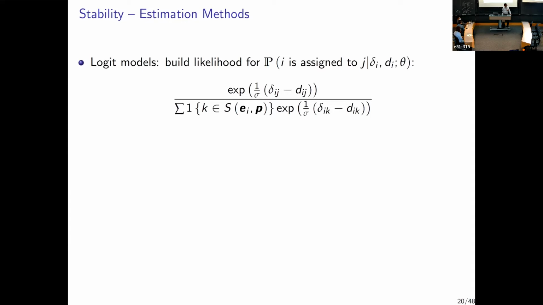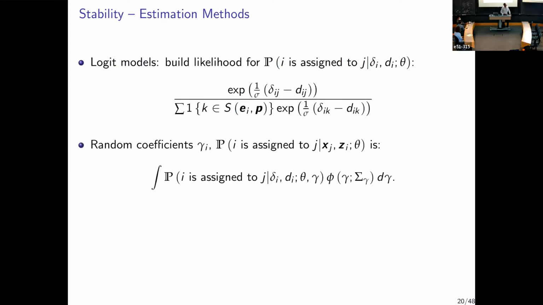So the only thing that we know is that if we see student i assigned to j, student i prefers j to every other school in the budget set. Before it was every single school, now it's only schools in the budget set.